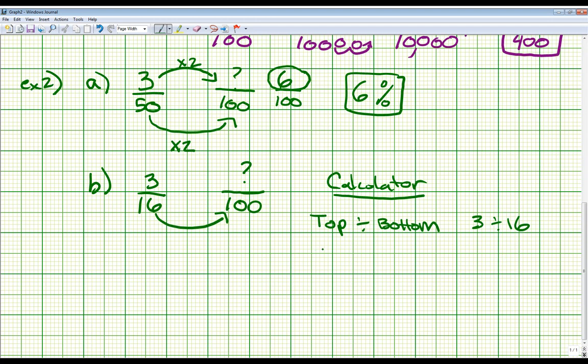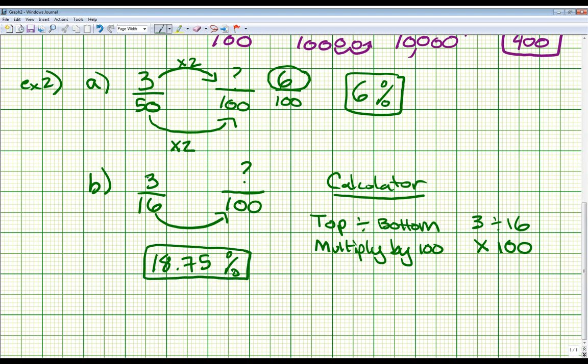Then the second step is you take that number and multiply by 100, since 100 is the denominator of our percentage. So 3 divided by 16, get an answer, and then multiply that by 100. If you did that on your calculator for this example, you would end up getting 18.75%. And that would be our final answer to what 3/16ths look like as a percent.